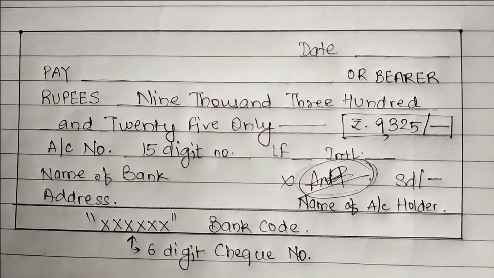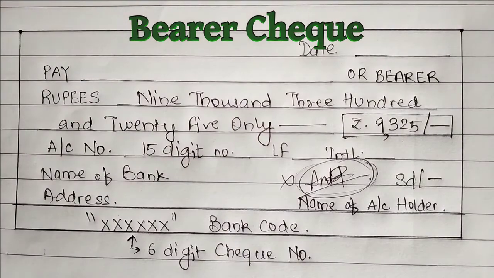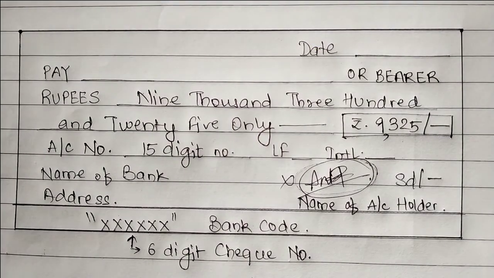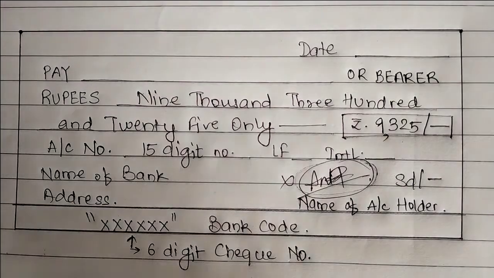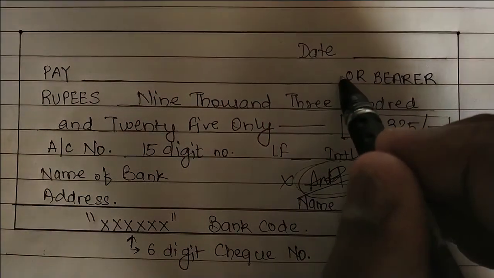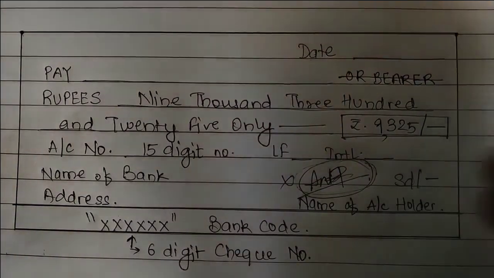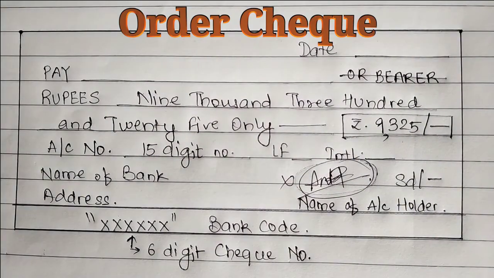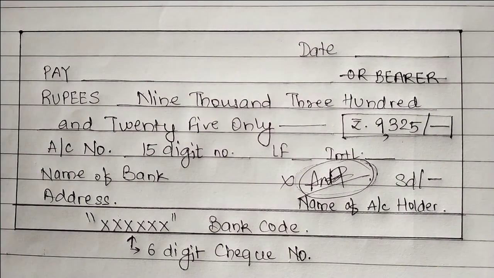Now this is a bearer check by default. If I want to convert the bearer check into order check, I would strike off the words "or bearer". Now this is an order check. If I want to convert the order check into a crossed check, I will have to draw two slanting parallel lines on the top left corner.